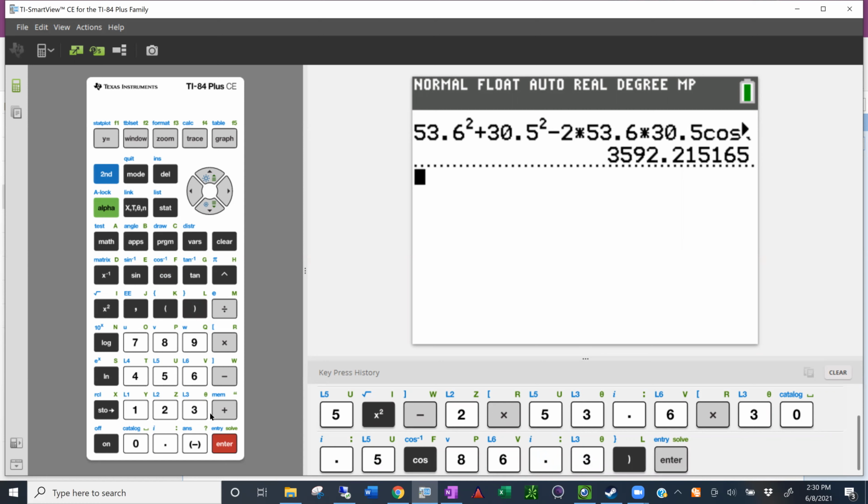Now keep in mind, this is the square of what we want. That's A squared. So, 3592.21.